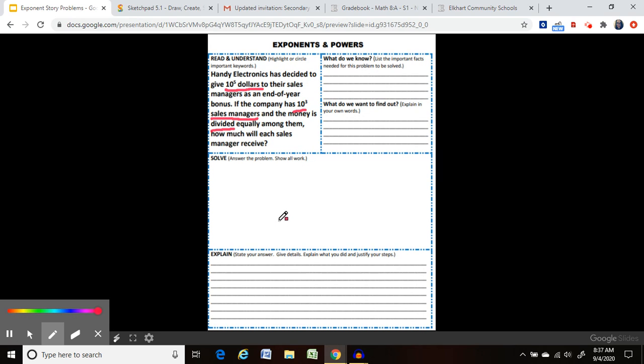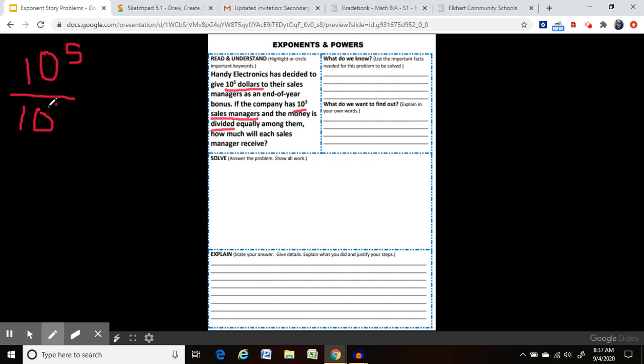So for this problem, I highlighted the important information. I know that we start out with this much money, and I need to divide it amongst this many people. If you look at your notes, save yourself some time and do power of a quotient.